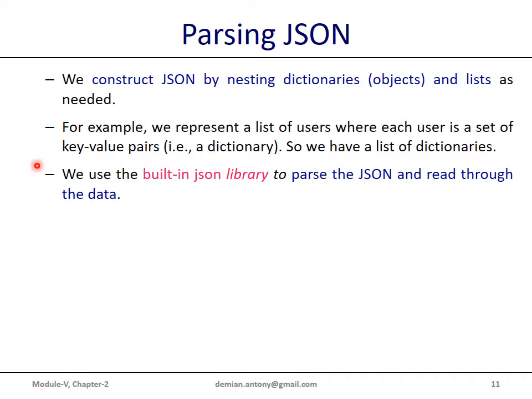How do we parse JSON format? In Python, we have a built-in library called json that is used to parse JSON. We can read the data, that is the string representation, and then we can parse the dictionary elements.